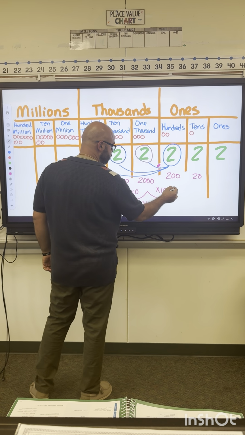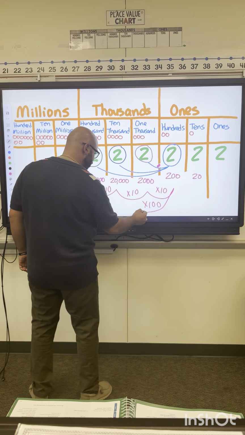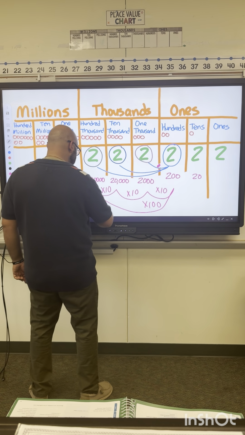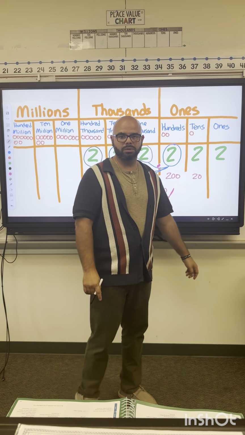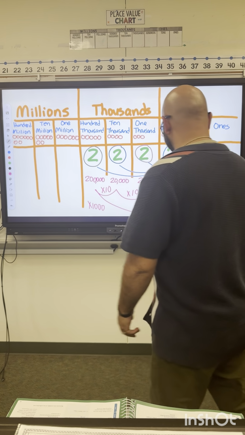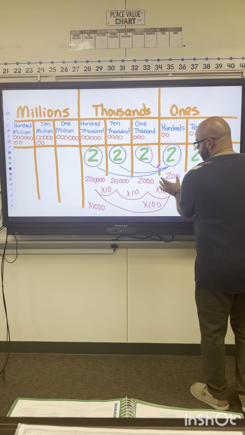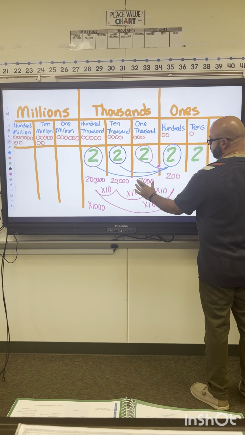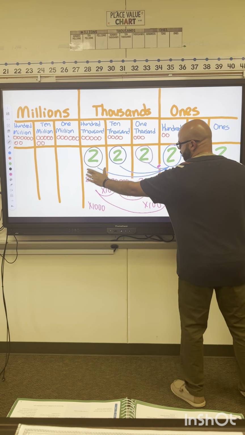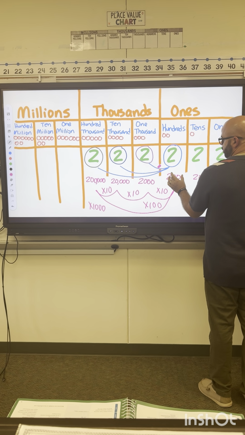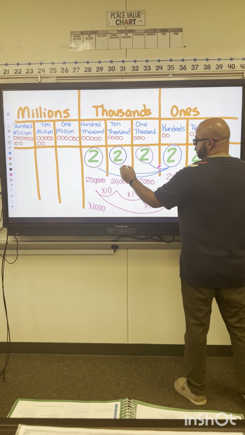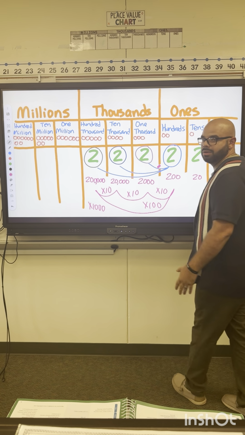Then that means that this 2, if you go all the way over here, this 2 is 1,000 times greater than this 2, okay? So if you look at the value, they're just gaining a times 10, times 10, times 10. If you want to practically look at it, they're gaining a 0. So this starts with 2, then 3 zeros, then 4, then 5, okay?